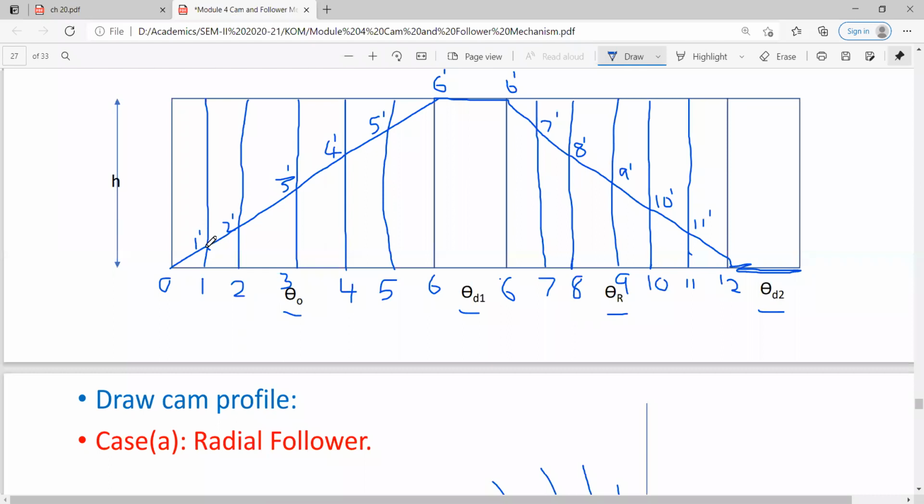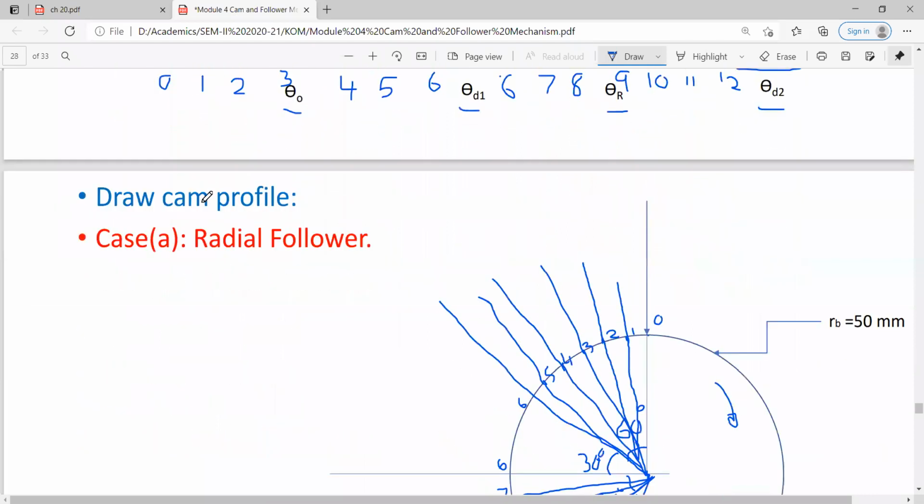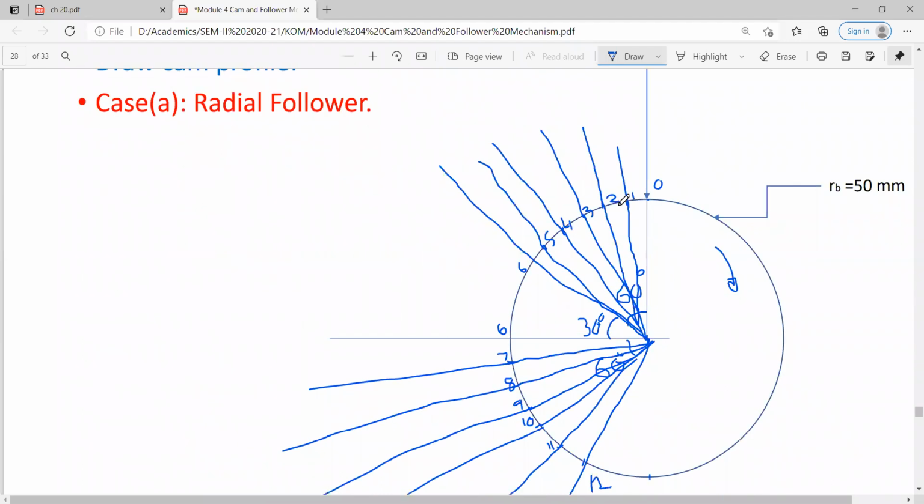So that distance will be in your compass. You transfer this distance into the cam profile. So that distance 1 dash is taken here, and 1 dash is marked here. That here is the point 1 dash.